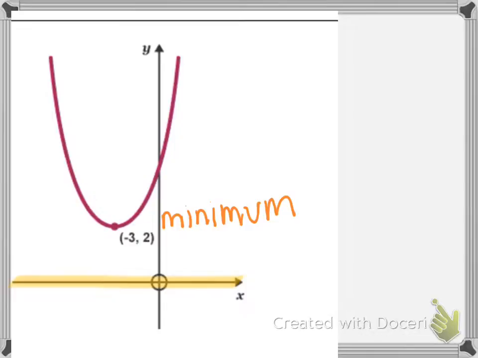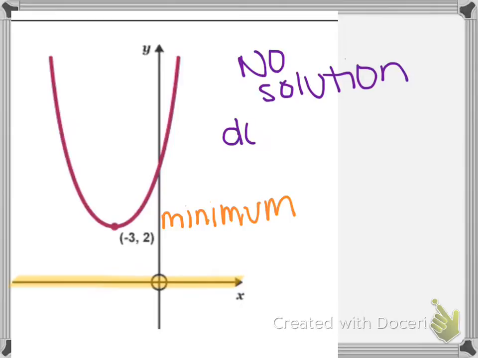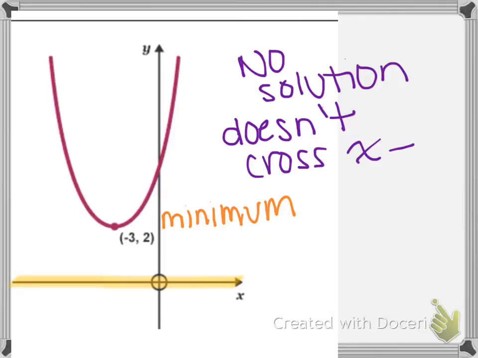So that tells me right away that I have no solutions, or zero roots, because it doesn't cross the x-axis. So if there's no solution, I can't give it to you because there's no point where that parabola is on the x-axis. So that's all you can say, no solution, because it doesn't cross the x-axis.